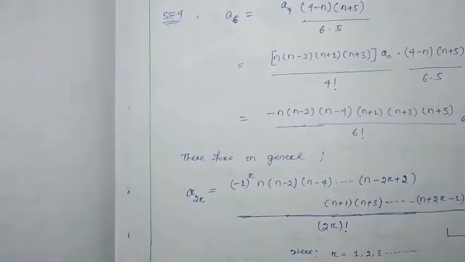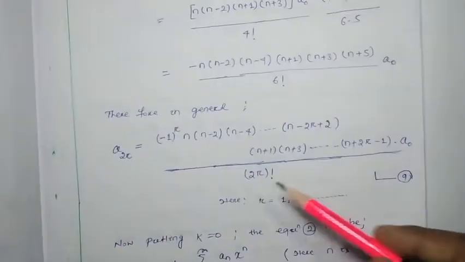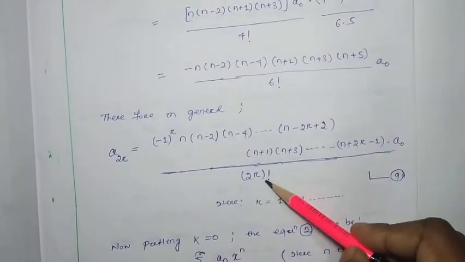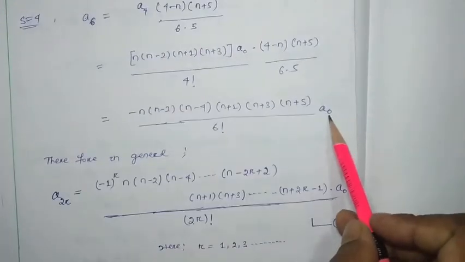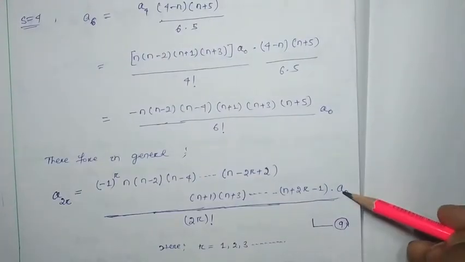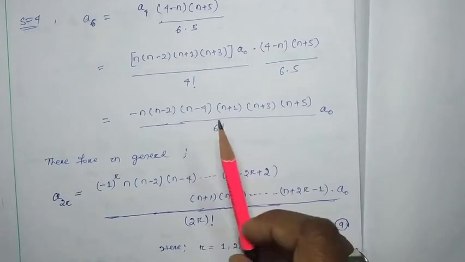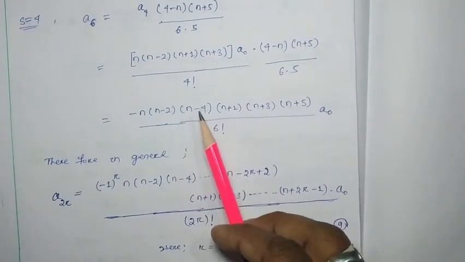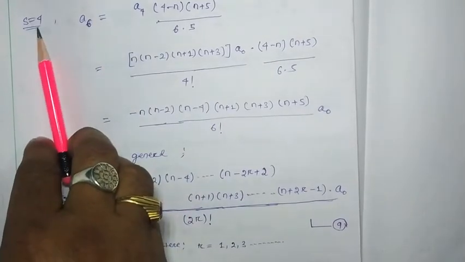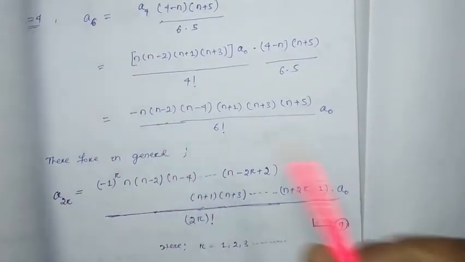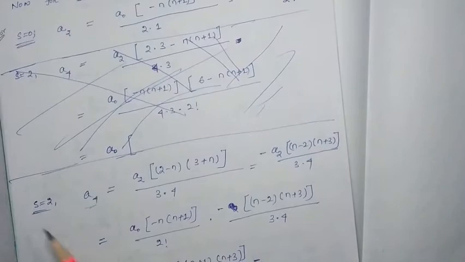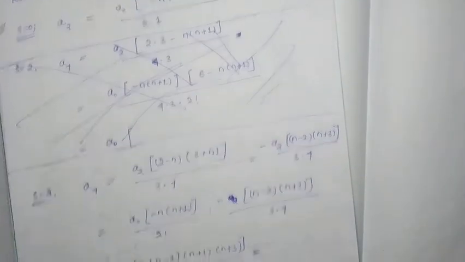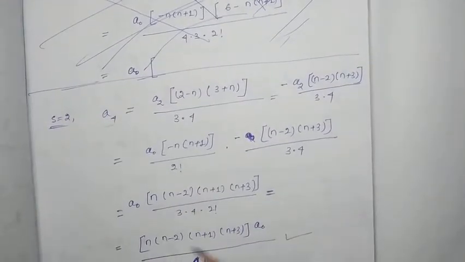So in general you can write A2R means 100% the denominator term will be 2r factorial, and in each term you can find A0. So here you can see that whenever you are considering 4 you found minus, you considered 2 you found this is plus.